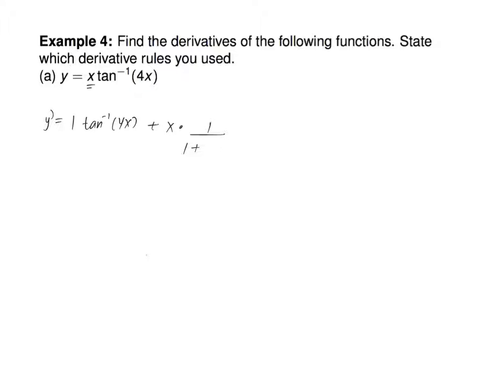In this case, that would be 1 over 1 plus 4x squared, because 4x goes in for x. And then from the chain rule, multiply by 4. So that derivative is tan inverse of 4x plus 4x over 1 plus 16x squared.